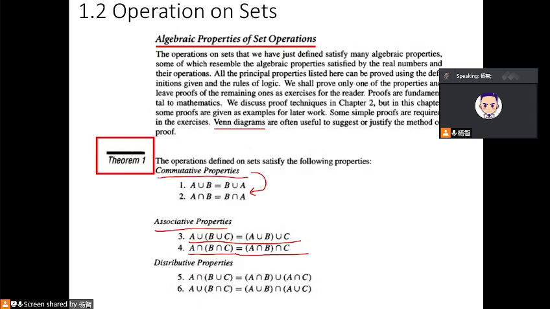This is the associative property. And the next is the distributive property. The intersection between A and B union C is equal to this.